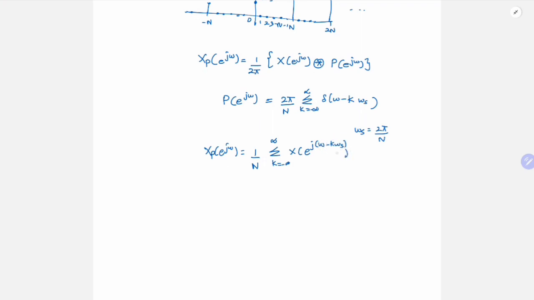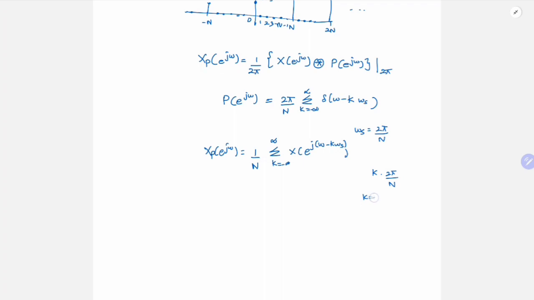So if you see, it is just saying that it is periodic with period of omega s, but we already know that for the discrete time Fourier transform, it is also periodic with period of 2 pi. So this one we have to limit only to 2 pi intervals, because this convolution itself is over 2 pi only. So if we limit that, then what will we get? This omega s is 2 pi by N, and this is summation of k into 2 pi by N, right?